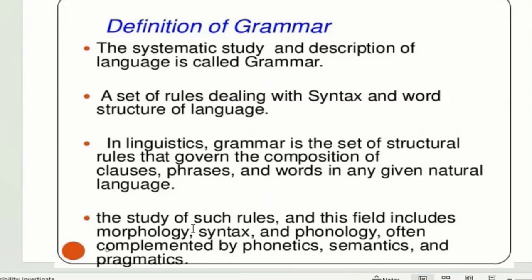It's a set that you need to use so that you compose words, clauses, and phrases in any given natural language. As I'm talking, you can think of your own language. How many words do you know? How are they used? When it comes to the variety of language that they use, you ask yourself, is it yesterday?